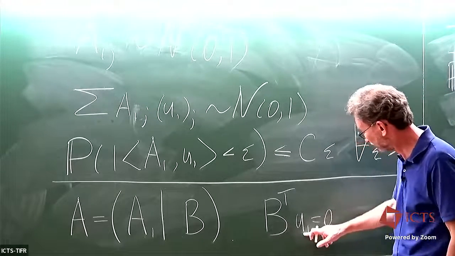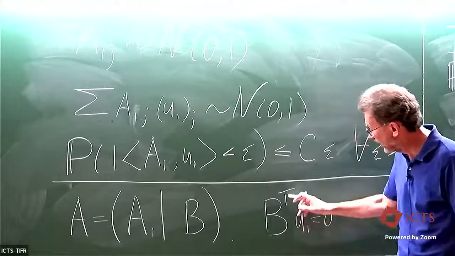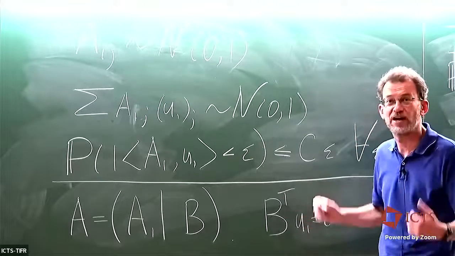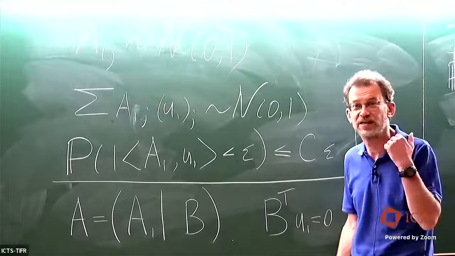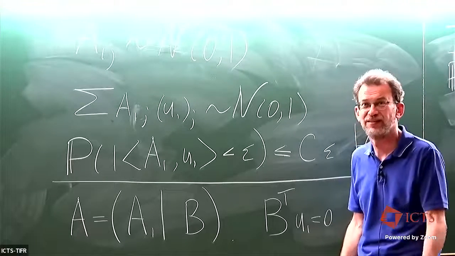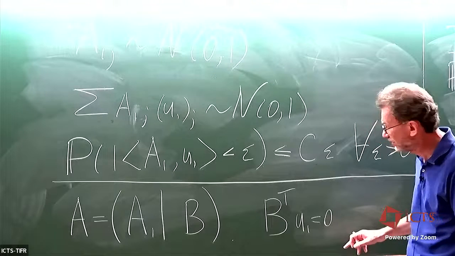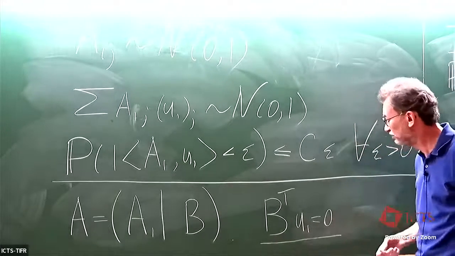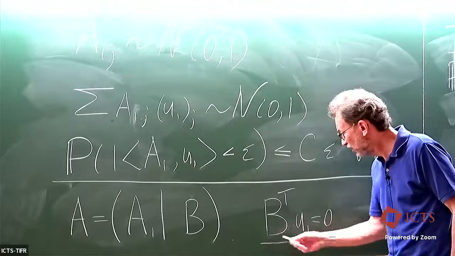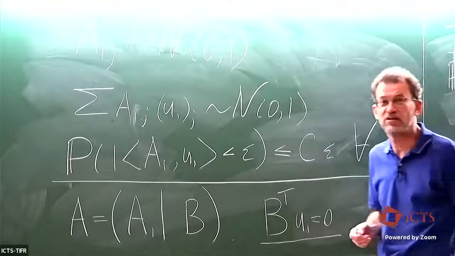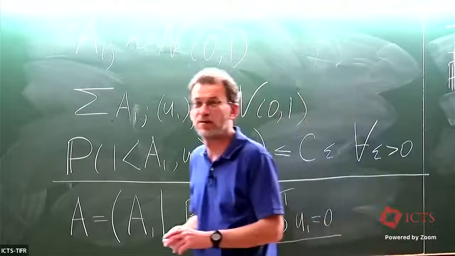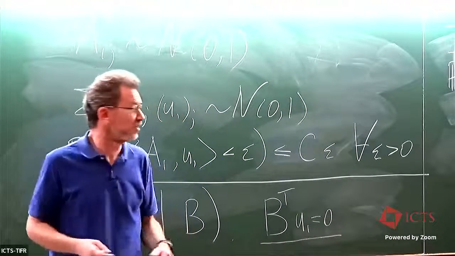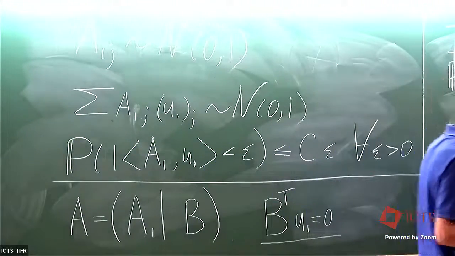So the entries of B transposed are the same IID entries, and we can apply the same logic. And again, the sparse U1 would not matter. We cannot get a sparse vector in the kernel of a random matrix with any serious probability. So this vector is not a problem.